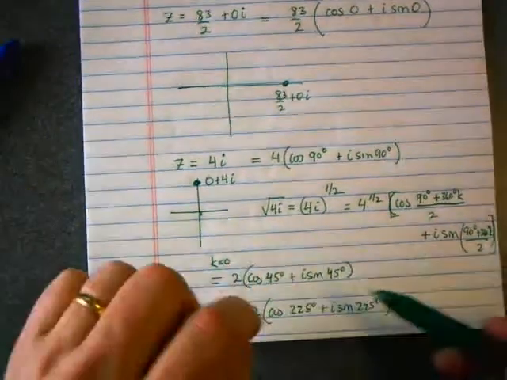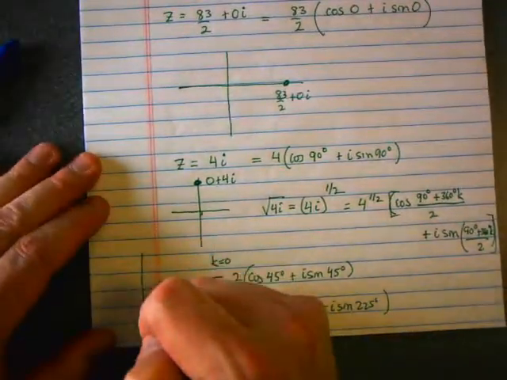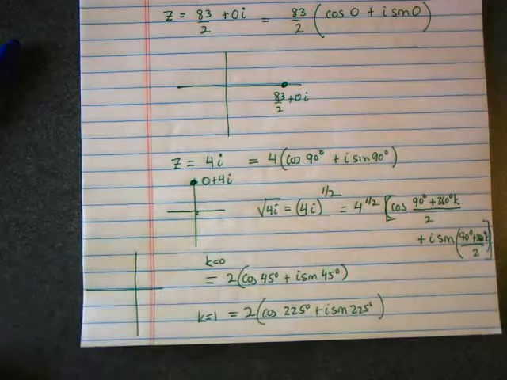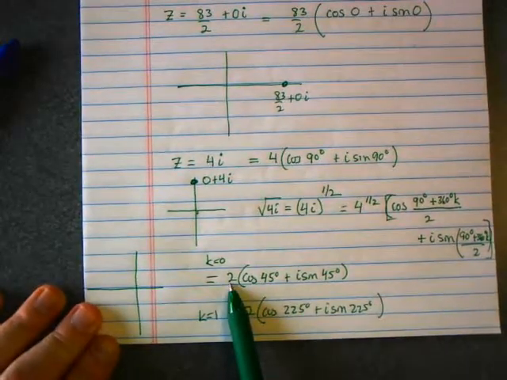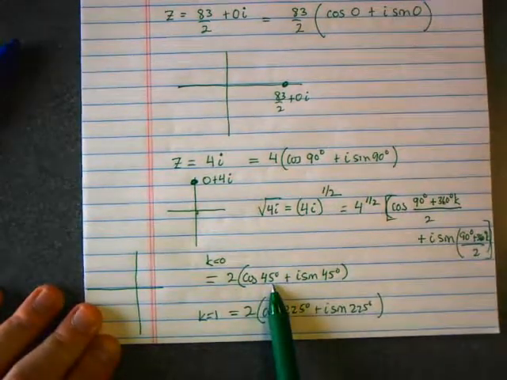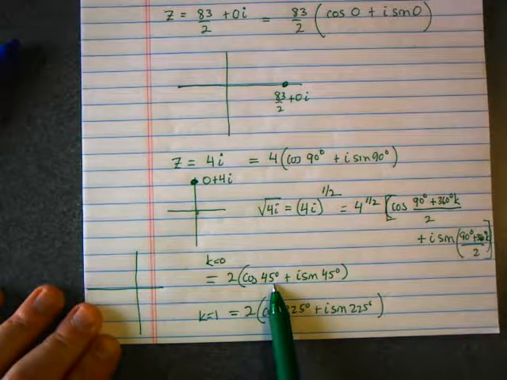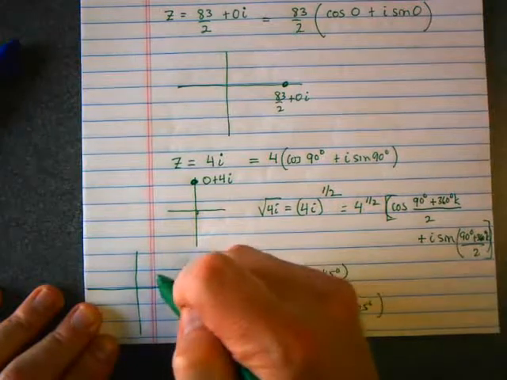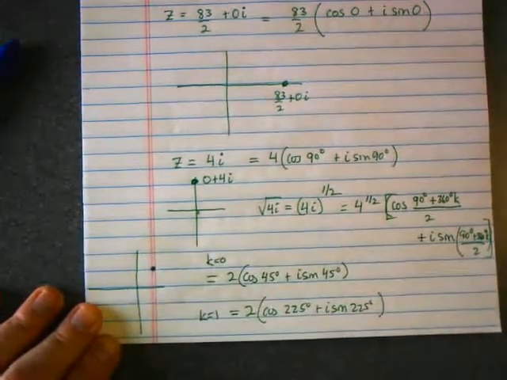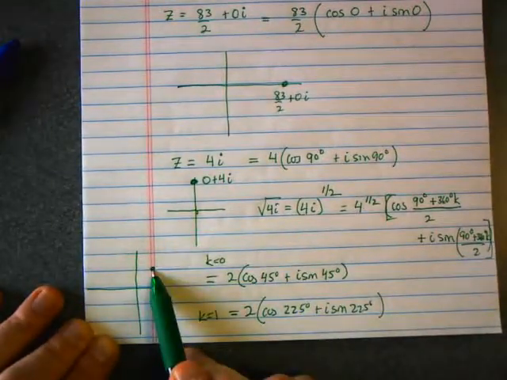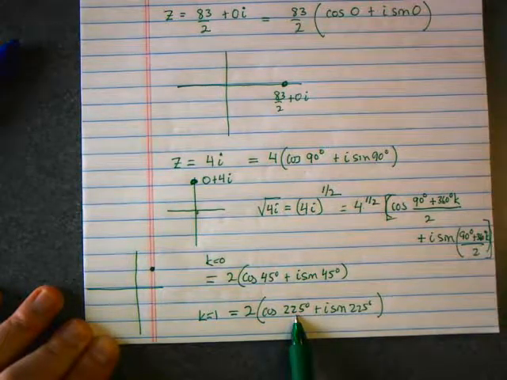If I were to graph these 2 square roots, where would they be? Well, the first one has a length of 2 and the angle is 45. So where's length of 2 and angle is 45 degrees? It's kind of right there. So this is the first square root. Where's angle 225 degrees?